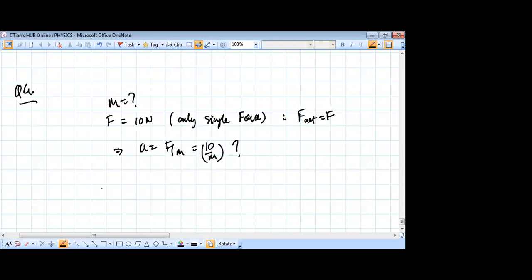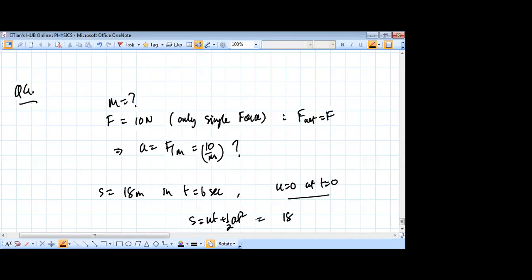Now it's given to us that the displacement of the body is 18 meters in 6 seconds and initial velocity is 0 at t equal to 0. So just use the equation. So you'll get here that 18 is equal to half a into 6 square.